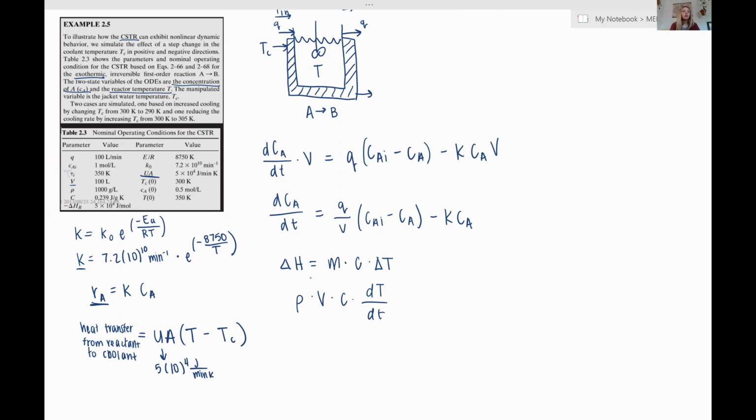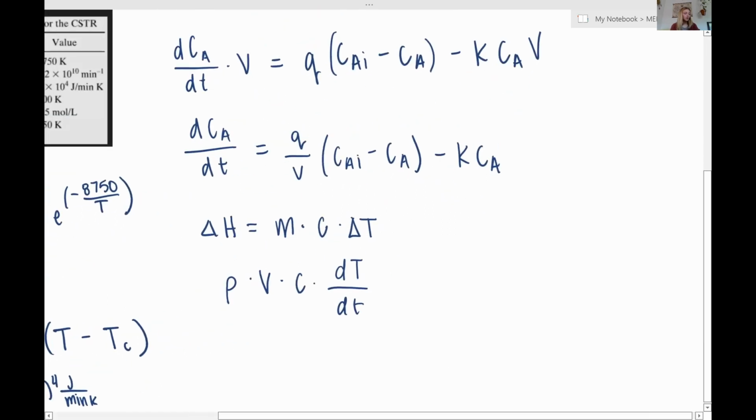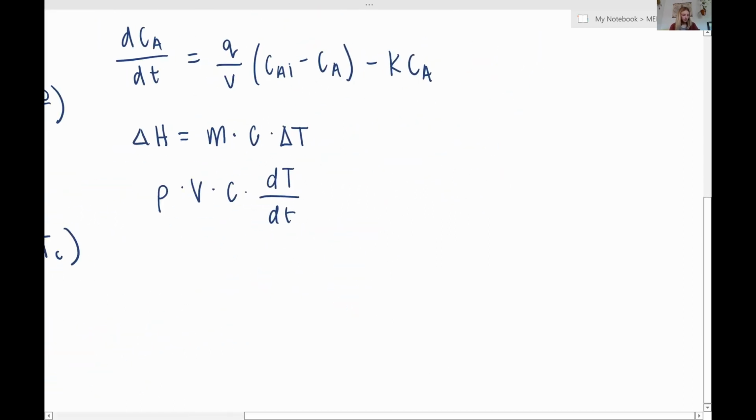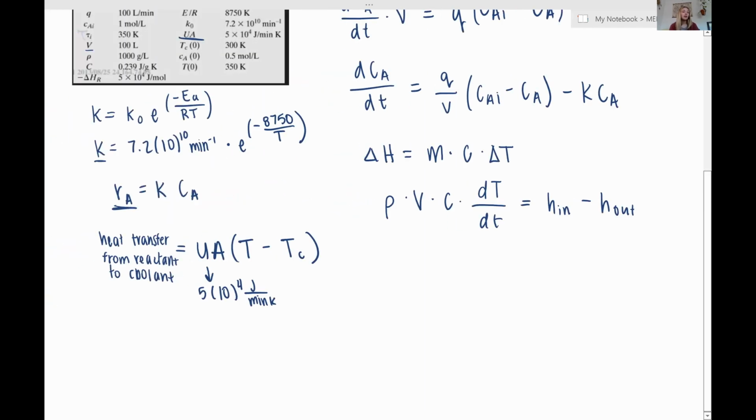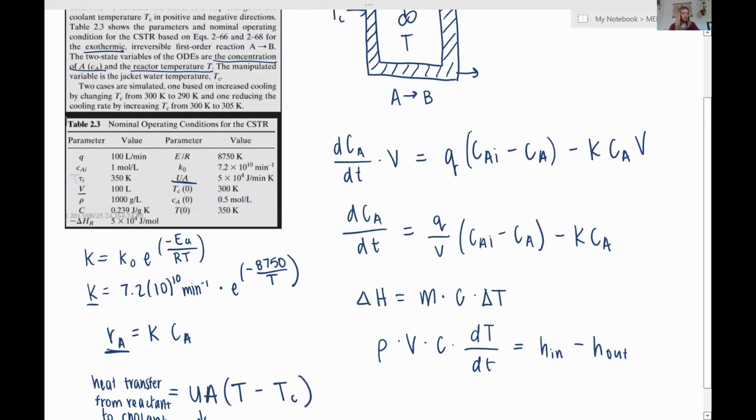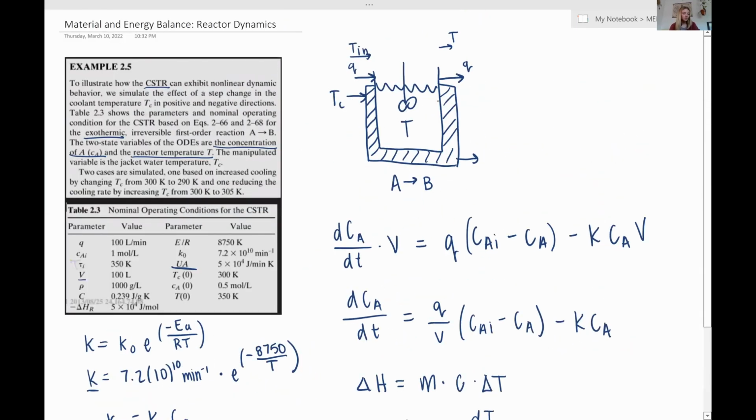So now for our right-hand side of our equation, thinking about what goes in minus what goes out, we're going to have some enthalpy going into our system and some enthalpy going out. So we'll just write it as H in minus H out for now. And then we're also going to have some heat that's being transferred from inside of our tank to the coolant layer outside.